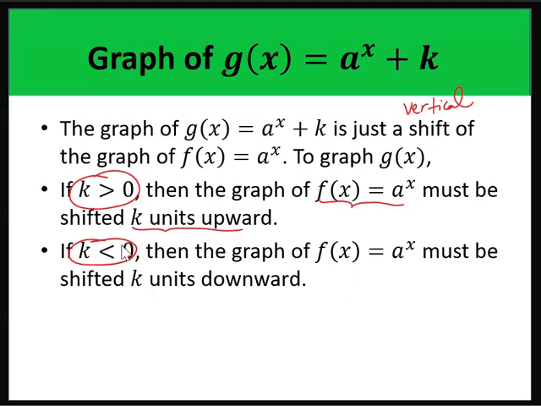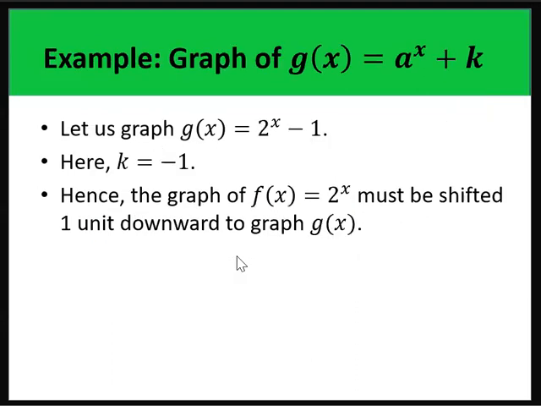If k is less than 0 or negative, then the graph must be shifted by k units downward. For example, if we graph g of x equals 2 raised to x minus 1, in this case k is equal to negative 1. So the graph of f of x equals 2 raised to x must be shifted by 1 unit downward.